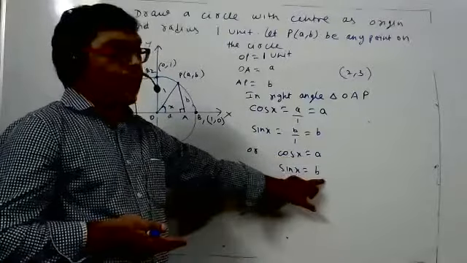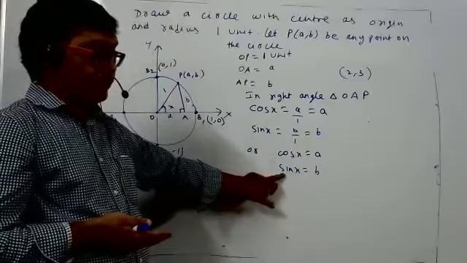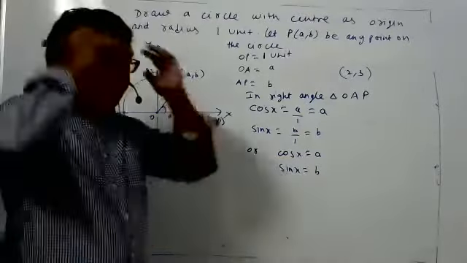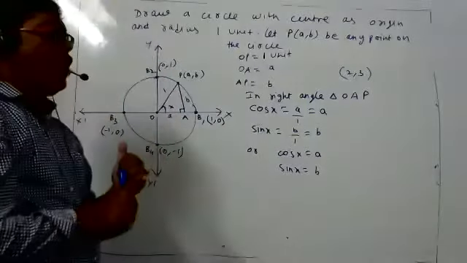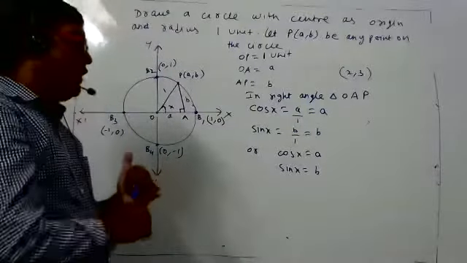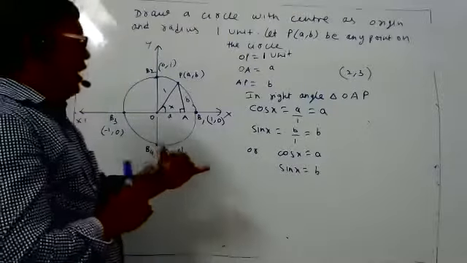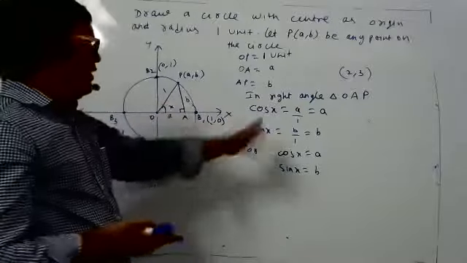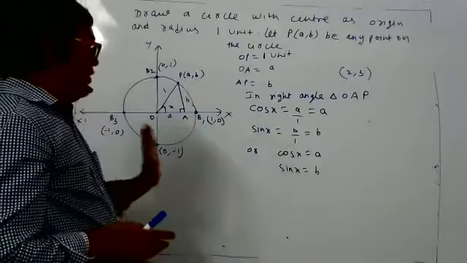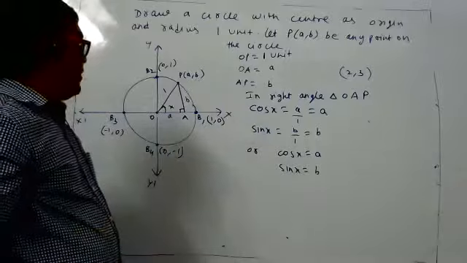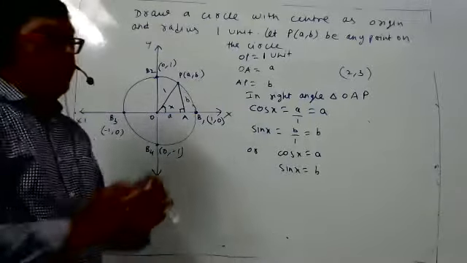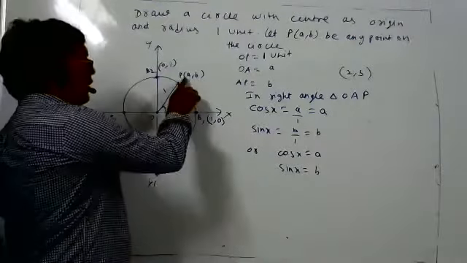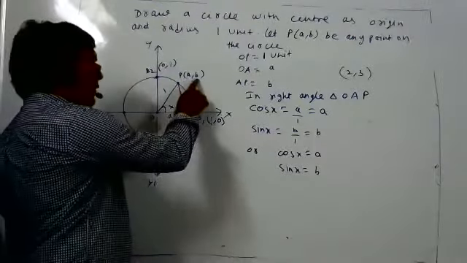Y coordinate value is sin x. This you have to keep in your mind. You can write theta also, no problem, but I wrote x, and from now onwards you have to use x only. Last time I will tell you: x coordinate value is cos x, y coordinate value is sin x.